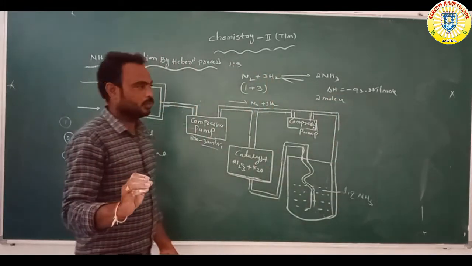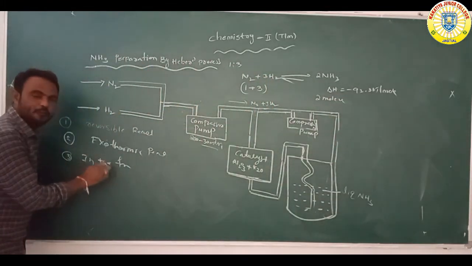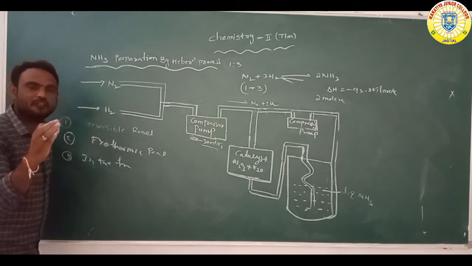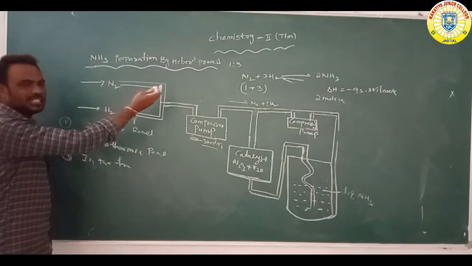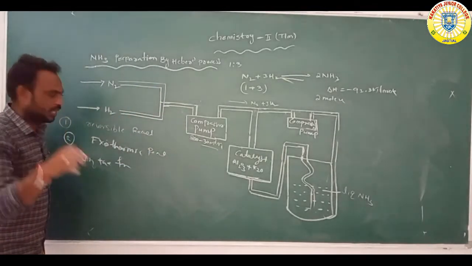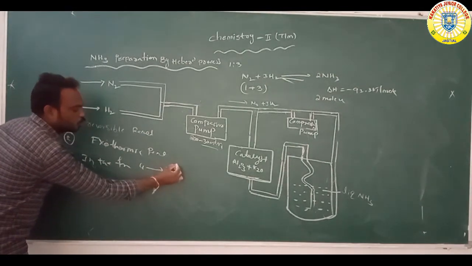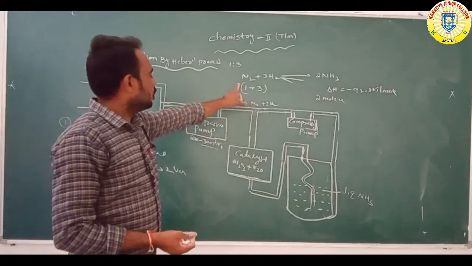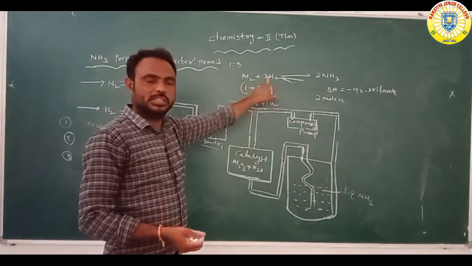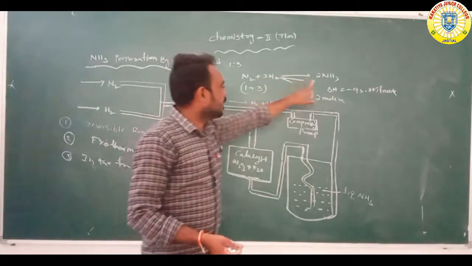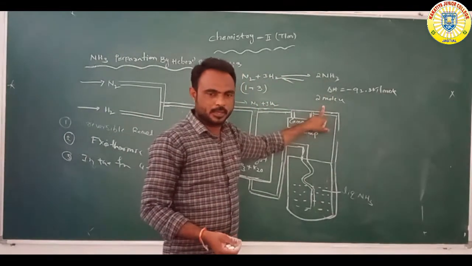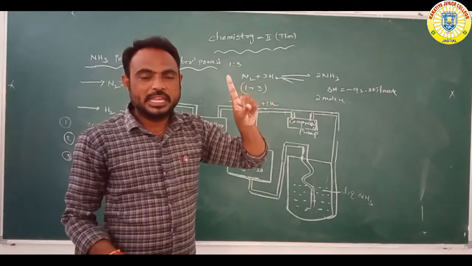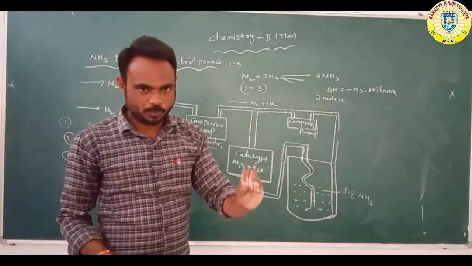So in the forward reaction, in the formation of ammonia, the volume of the reaction decreases from 4 moles to 2 moles. Nitrogen 1 mole, hydrogen 3 moles, total 4 moles, but ammonia only 2 moles. In the formation of ammonia, the volume decreases.